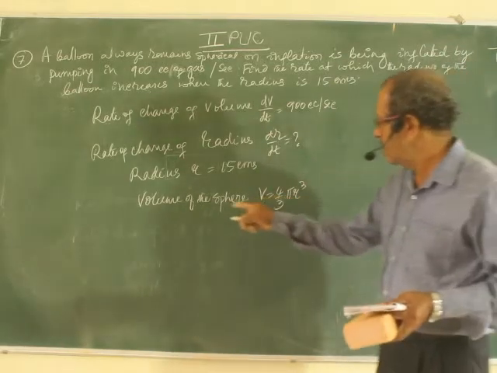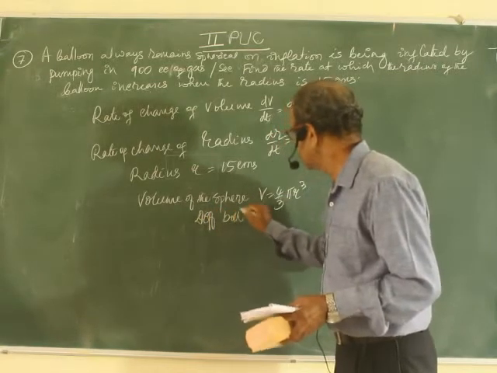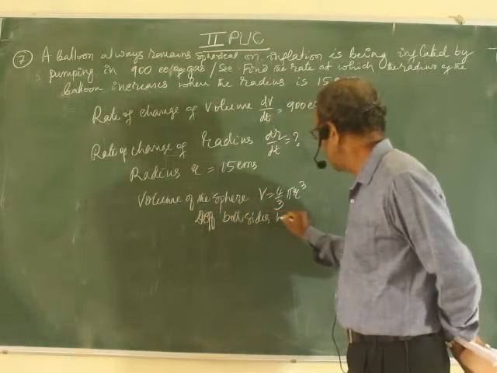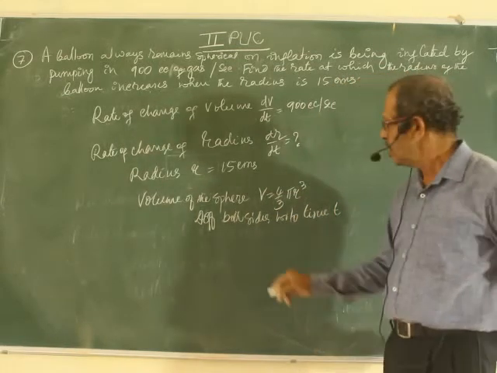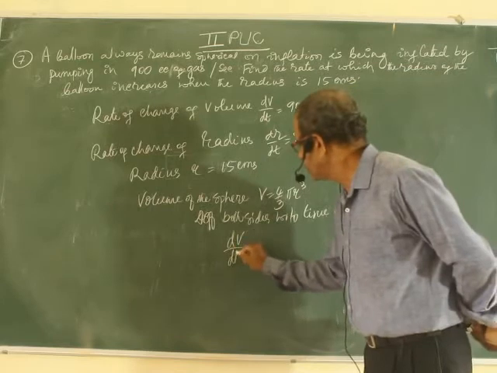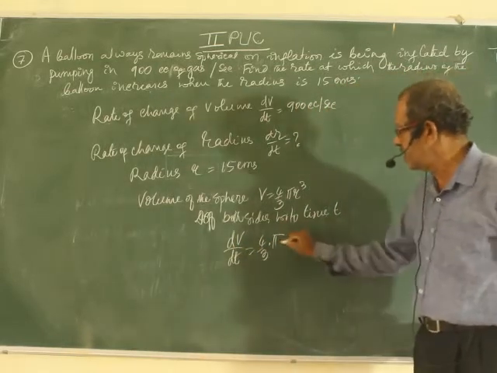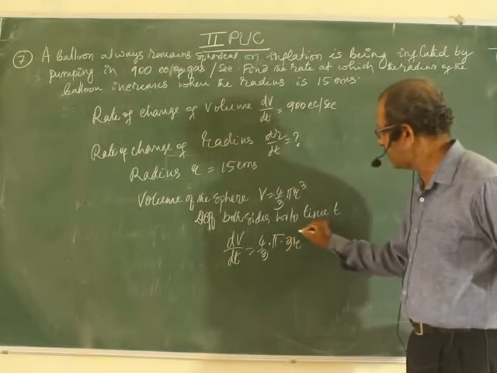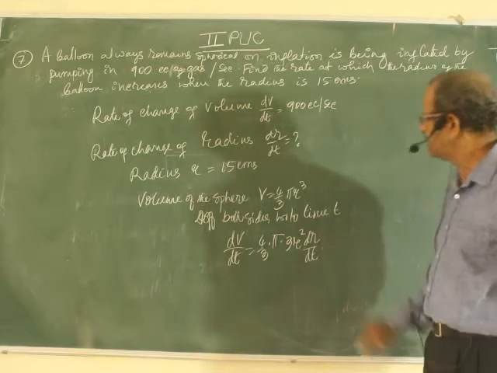Yes, next, differentiating both sides with respect to time t again. dV by dt, 4 by 3 constant, pi also constant, but the derivative of r cube is 3r square into dr by dt.